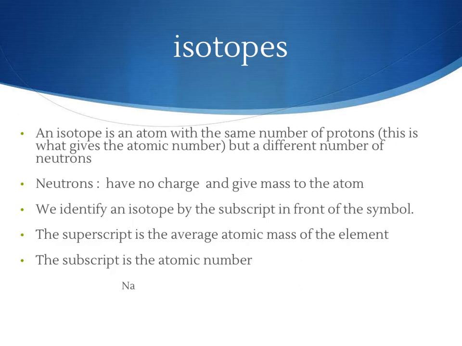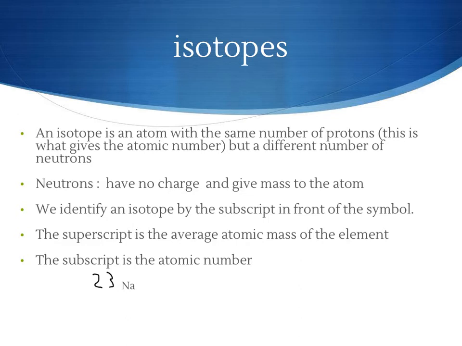So in your chemistry book, you will notice superscript and subscript numbers before the symbol. On this page, I have an Na at the bottom. If I write the number 23 at the top, a superscript, that is the atomic mass for that element.